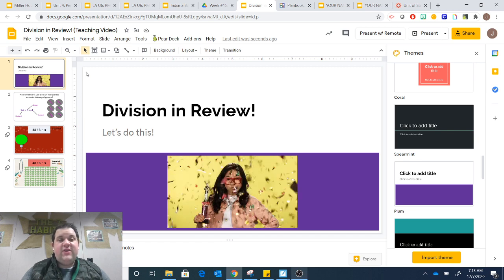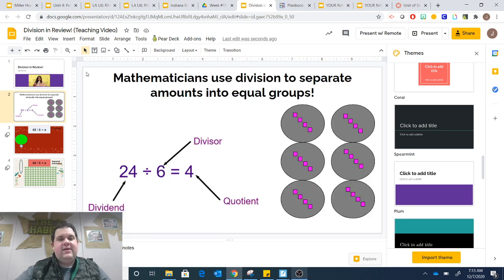So, division review, here we go, let's do this. Remember that mathematicians use division to separate amounts into equal groups. So whenever we think division, we start with a number, and we need to figure out how many groups we're going to split that number into in order to decide how many are going to belong in each group.